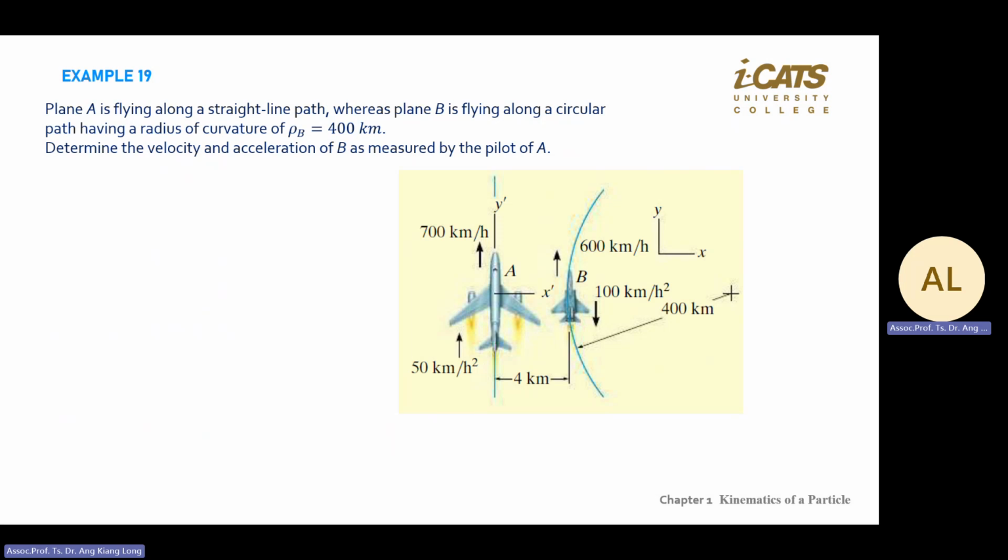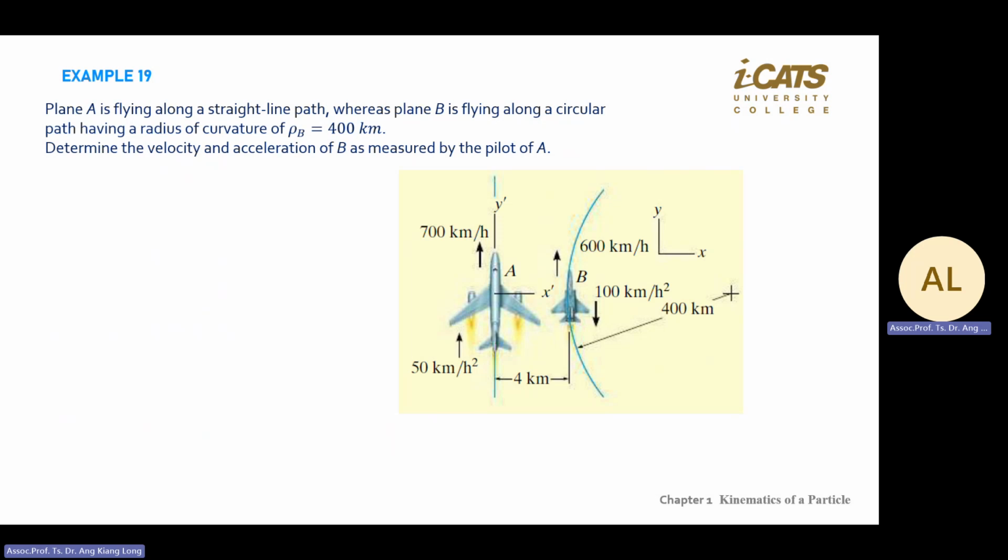So the first equation, are you able to write or not? V what? VA stroke B or VB stroke A? Measured by A, so VB stroke A. So once you have that, VB stroke A equal, then convert the slash into negative. VB minus VA.